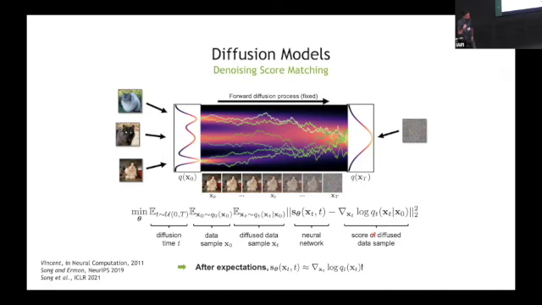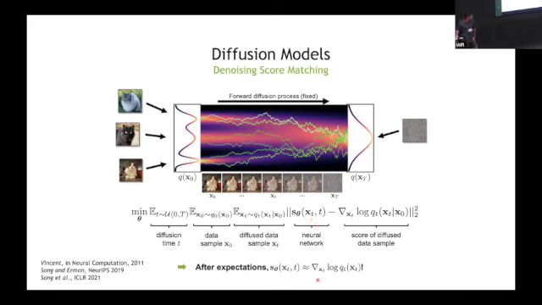And now this noisy sample, you give it to your neural network with parameters theta here, and you let it predict that score. But corresponding to each diffused x_t, there could be multiple x0 that diffuse towards this one diffused data point. So there's some kind of averaging going on. And after the expectation, the minimizer of that objective is actually the marginal score.